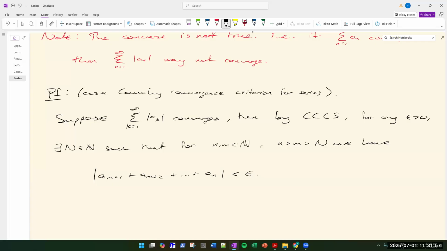Okay, so this result here is referred to as Cauchy's convergence criterion for a series. It tells me what happens if this series converges.